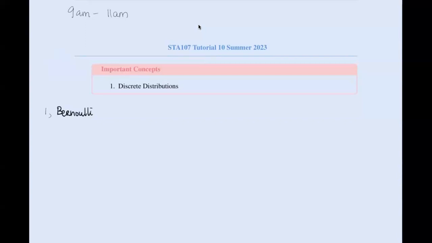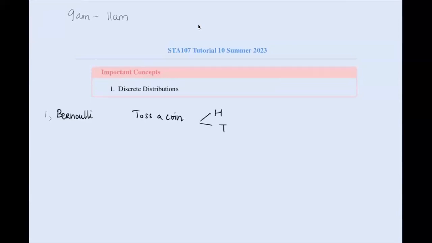For example, if you toss a coin, then you only have two possible outcomes, head or tail. We don't consider the case where the coin is standing and doesn't have any result. We only consider deterministic results.